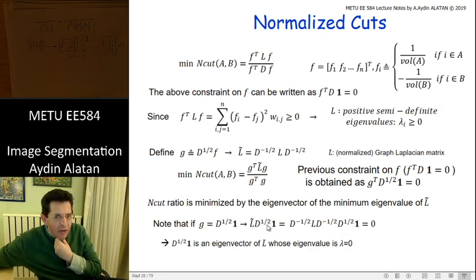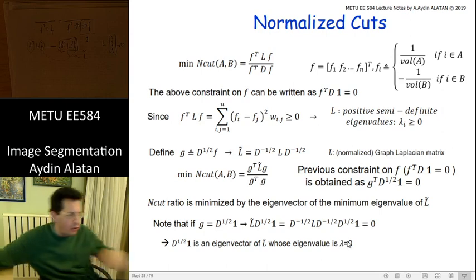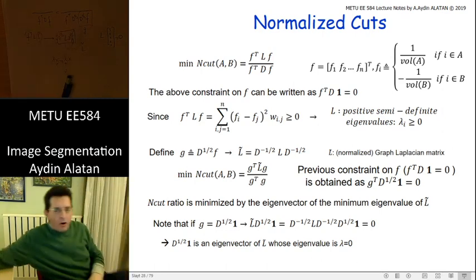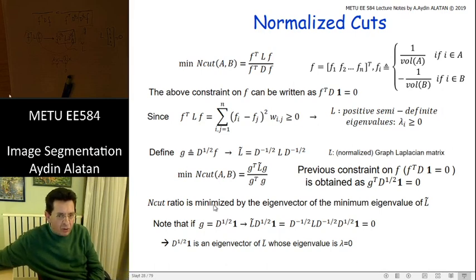Therefore, this square root of D multiplied with 1, which is a vector. Now, A x equals lambda x. If this is equal to 0, any x making this equal to 0 is a solution for the eigenvalue equal to 0.